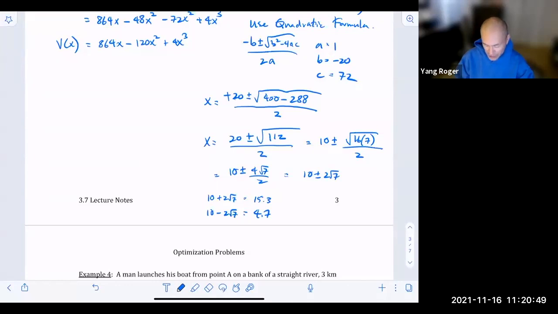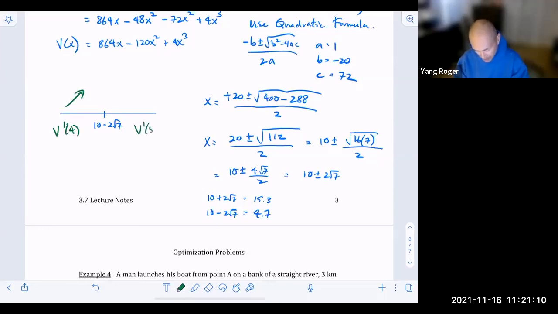Finally, you have to make sure that this is a maximum, so I'd run the first derivative test. Your critical value is going to be 10 minus 2 root 7. I can plug in a test point like V prime of 4, and you'd see it's increasing. I could do V prime of 5, and you'd see it's decreasing, and that means you have a max.